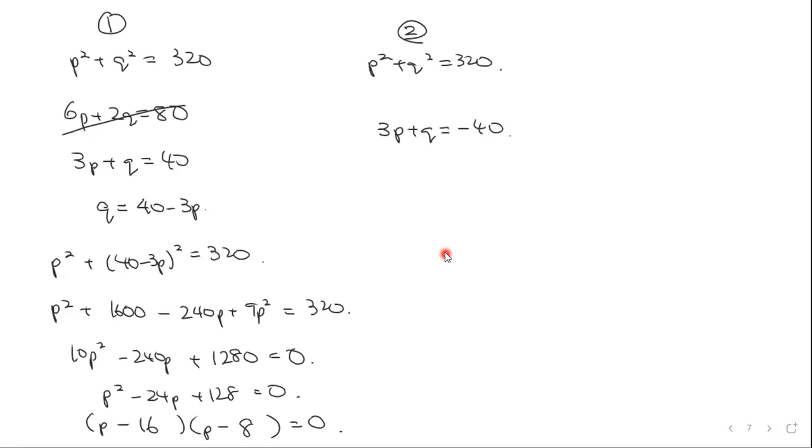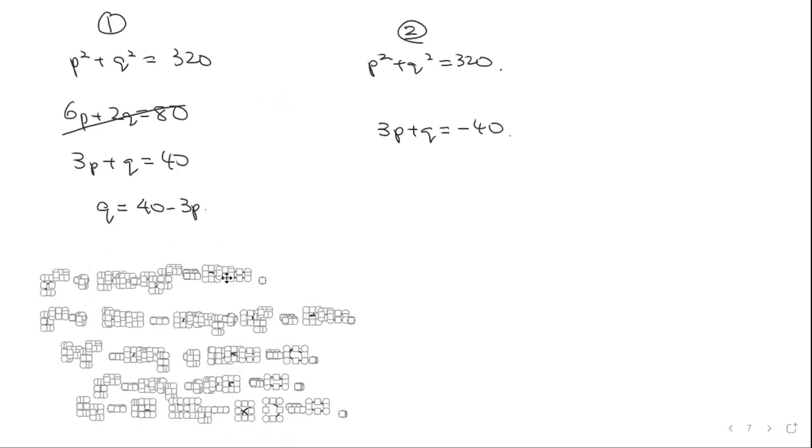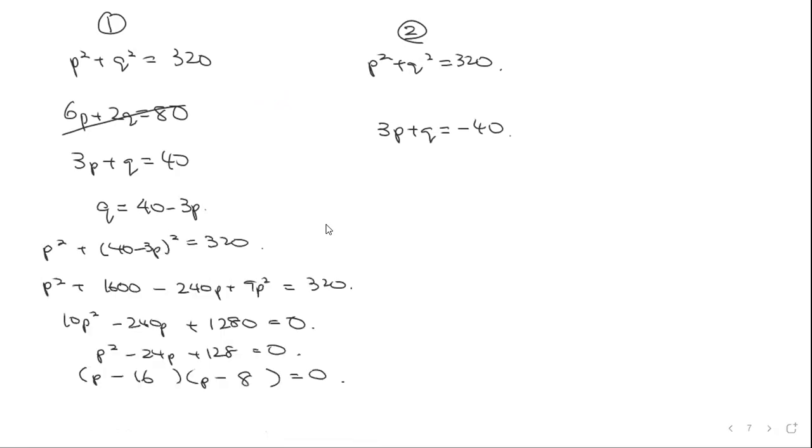Okay. So the left-hand side gives you two answers. One is p is 16 and one is 8. So we have p equals 16 or p equals 8. Now, of course, if p is 16, then just subbing quickly into here above, q is negative 8. If p is 8, then that means q is 16.